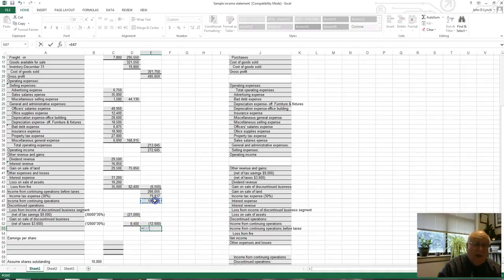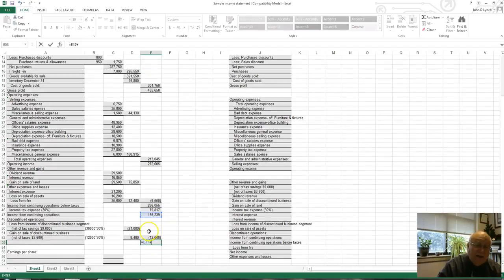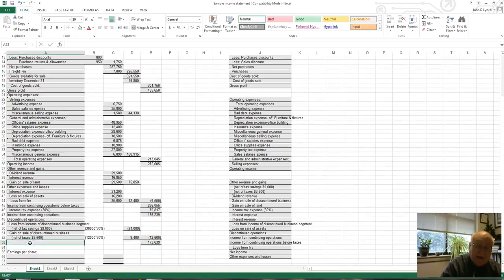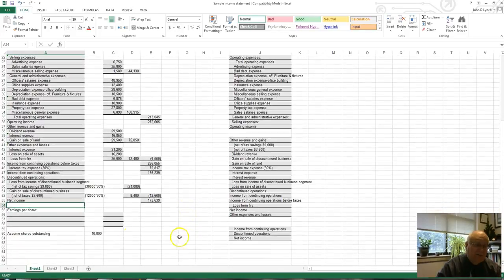We then take the 186,239 that we had from above, add the minus 12,600 to it, and we end up with a net income then of $173,639. Now we have a new section we have to add, which is earnings per share. This is required for all income statements, which we haven't been doing before.